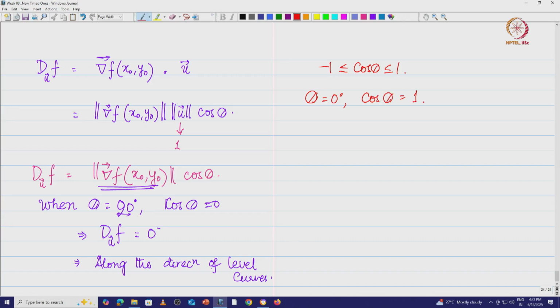So now the directional derivative df of u is nothing but the magnitude of the gradient vector evaluated at the point (x0, y0), alright. Now when theta is 0, what does it mean? The unit vector that you are looking at is also along the direction of the gradient. This implies the unit vector is along the direction of the gradient.